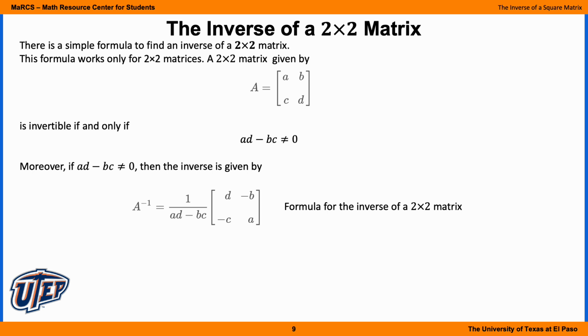Now the value A times D minus B times C is known as the determinant of A. So if the determinant of A is not equal to 0, then the inverse is given by the following formula. So A inverse is equal to 1 over the determinant of A times, so now the A and D entries in the matrix are switched from the original one, and now C and B stay in the same position, but now their sign is switched. So now they are negative if they were positive, and if they were negative, they are positive.